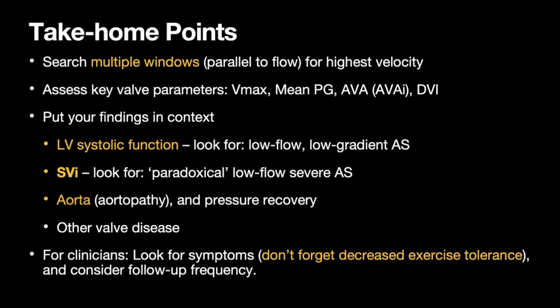It's important to look at the aorta, the diameter for aortopathy, which has its own set of surgical indications, as well as the phenomenon of pressure recovery, which we touched on today. You're also looking, of course, for other valve disease. We talked at the beginning of the presentation about the presence of mitral valve rheumatic disease when you have aortic valve disease, which is in about, I think, 90% or so of cases, from what I've read.